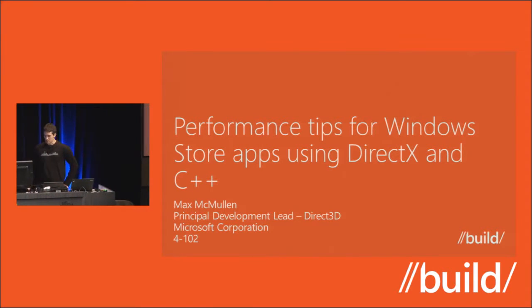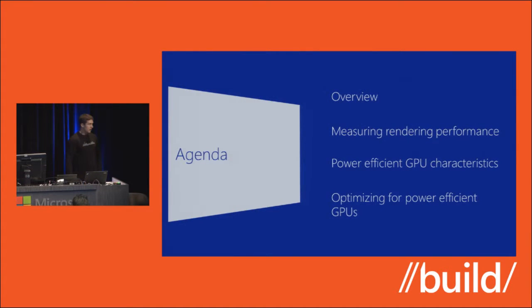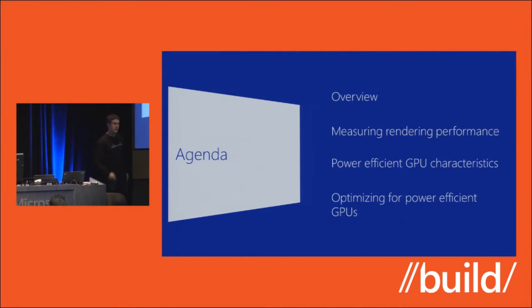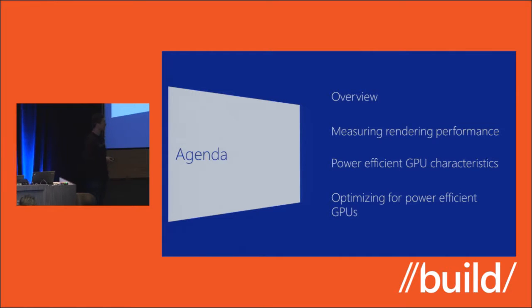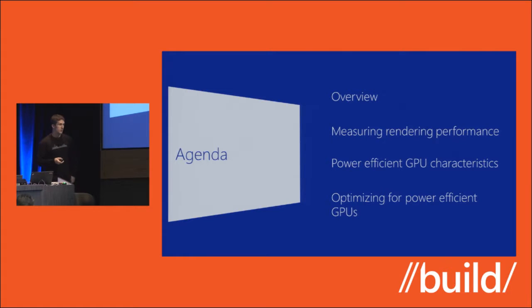It's a long agenda, so let's get started. 4 parts to the talk. Just a high-level overview. What are we talking about with Windows 8 performance measurement, specific to the DirectX and C++ Windows Store applications. 2, let's talk about what's new in measuring rendering performance in Windows 8 and Windows RT.